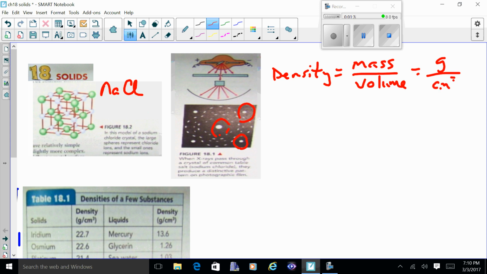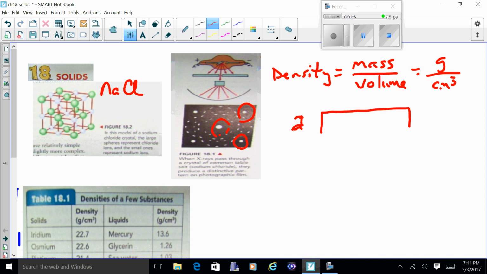But let's just say you had a block, and this is one of the labs we're going to do. You're going to be given like 5 different blocks. And let's just say that block is 2 centimeters high. But it's really, really long, so let's make it 5 centimeters long.